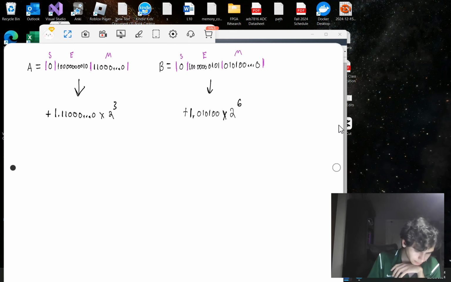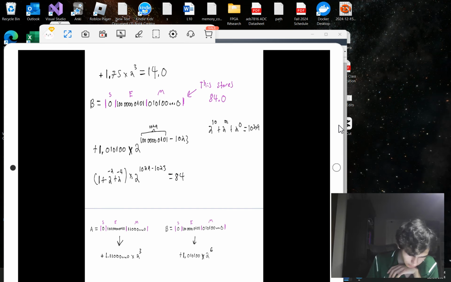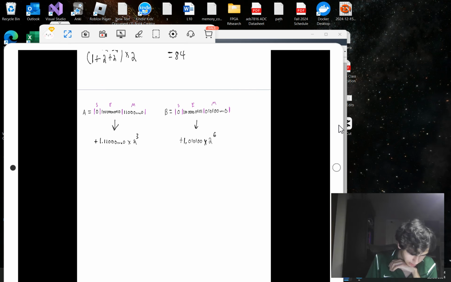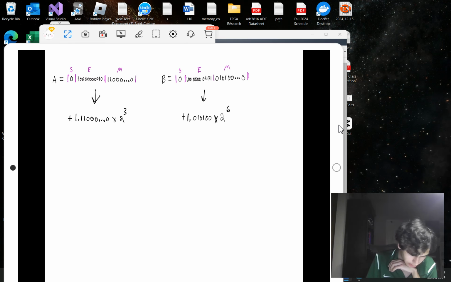All right, and then we got A and B. A is equal to this, B is equal to this. So the first step is going to be to write it in the good format. So we're going to combine both of these.